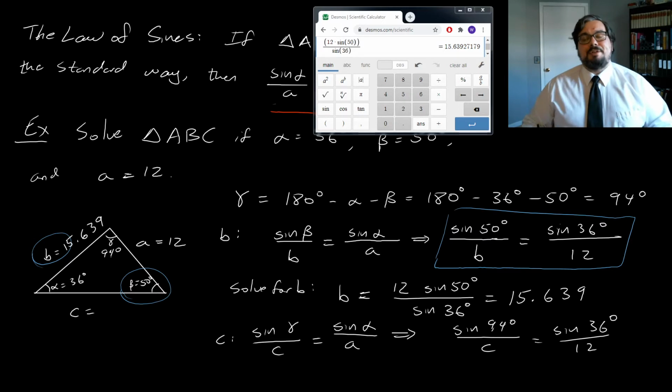Now at this point you may accuse me of hypocrisy because I just said that we weren't supposed to use quantities that we derived in the process of the problem in order to do our later steps, and that is true as much as possible. In this case, we're forced to use gamma, even though gamma wasn't given to us originally, because that's the only way of getting at the value c using the law of sines. The law of sines only gives us ratios that relate an angle to its opposite side.